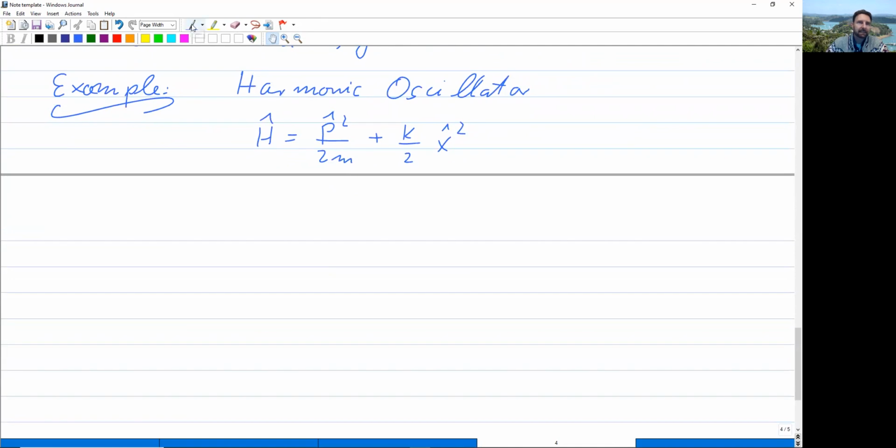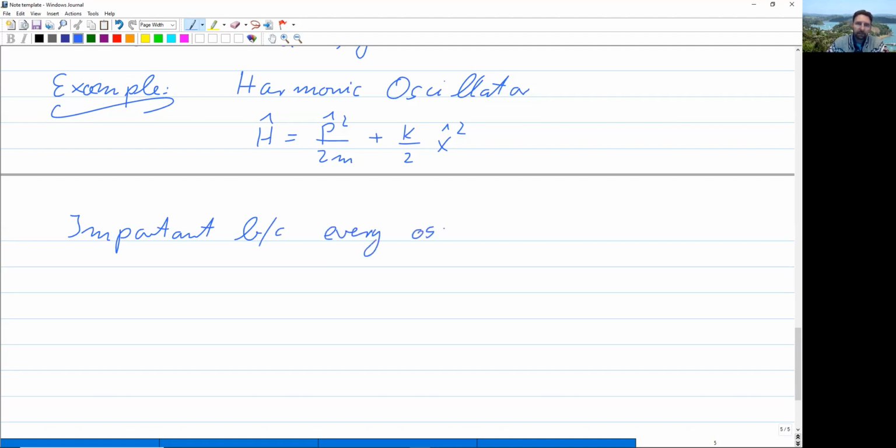And the reason is that every oscillator is harmonic for small enough oscillations. Let me explain.